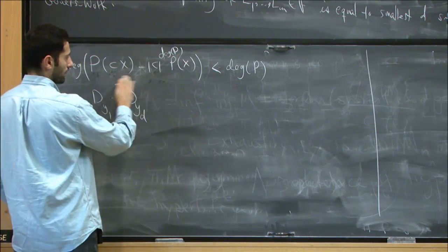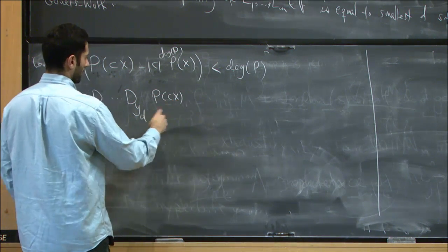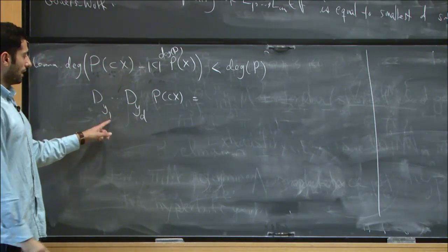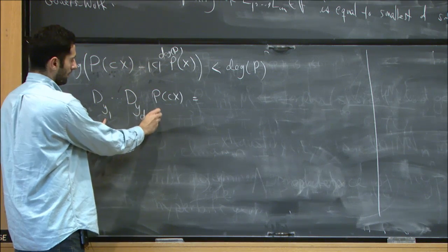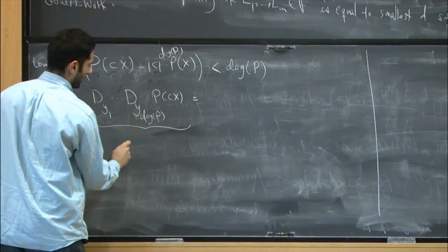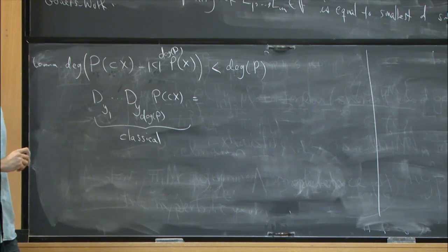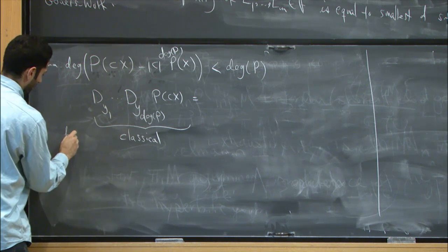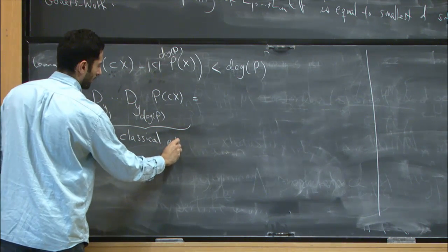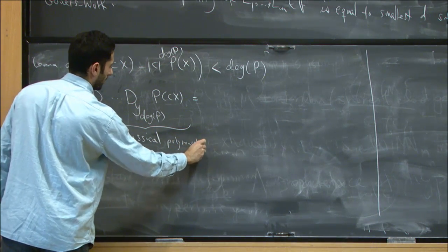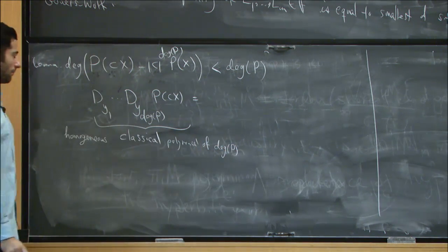So this has a high depth, right? You can show that if I take enough derivatives, the right amount of derivatives of p, this polynomial becomes classical. Not only does it become classical, it becomes a homogeneous classical polynomial of the same degree. But what does that mean?